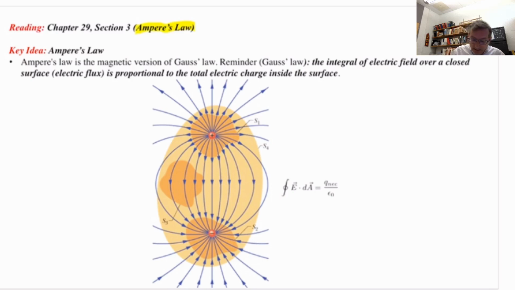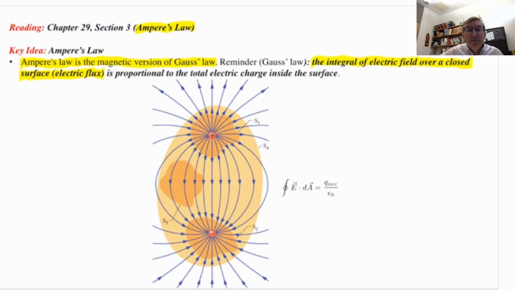Okay, so you could, loosely speaking, say Ampere's law is the magnetic version of Gauss's law, in that it plays the same role as Gauss's law. So let's have a little reminder of Gauss's law. That might be useful. Gauss's law in words says, the integral of electric field over a closed surface, and we have a name for that quantity that you get when you integrate electric field over a closed surface, like the surface of a blown up, stretched, and tied off balloon.